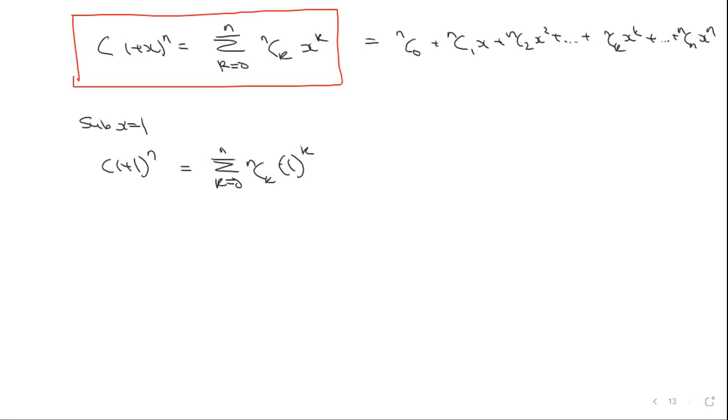I mean, 1 to the power of anything is just 1, right? Or in other words, I'm just going to get nC0 plus nC1 plus nC2 plus dot dot dot plus nCk plus dot dot dot plus nCn. In other words, I've said nC0 plus nC1 plus nC2 plus all the way to nCn has to equal (1 plus 1) to the power of n, which is obviously 2 to the power of n.